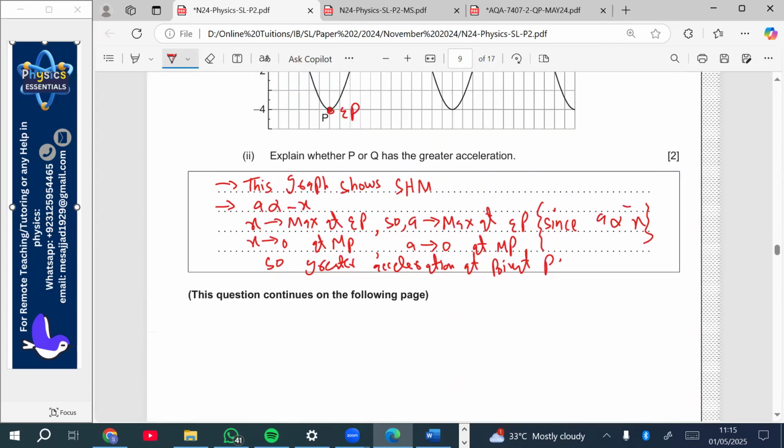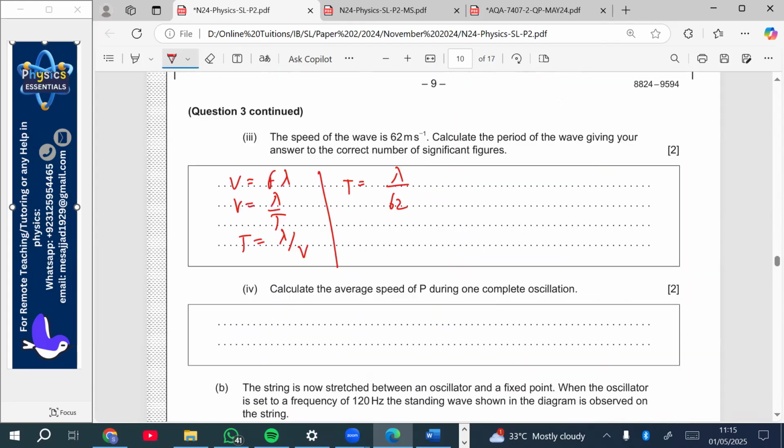On the x-axis we have meter. So 1.2 over 62. So the answer is, let me do it, 1.2 divided by 62, 0.019. That is about 2.